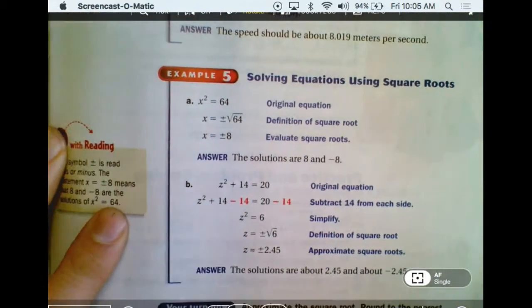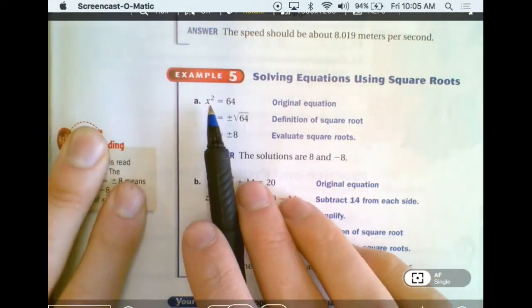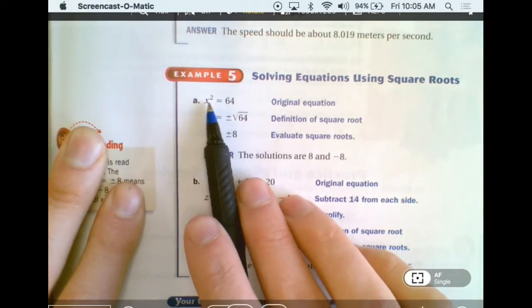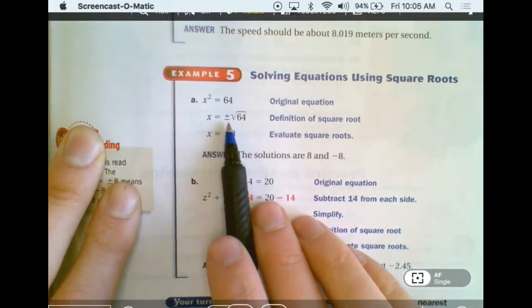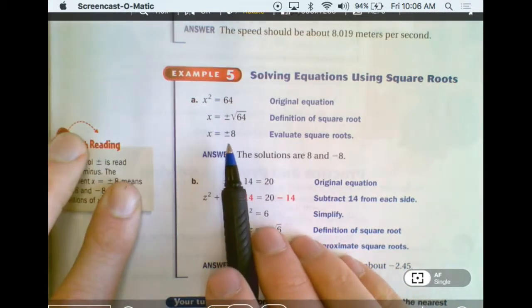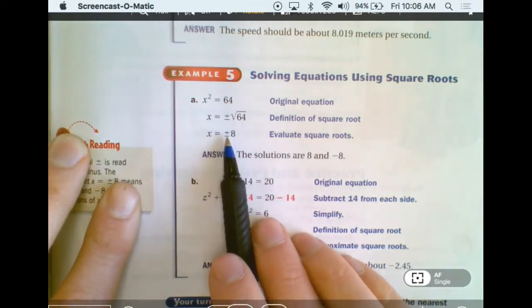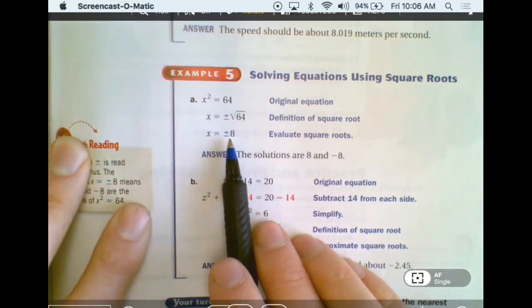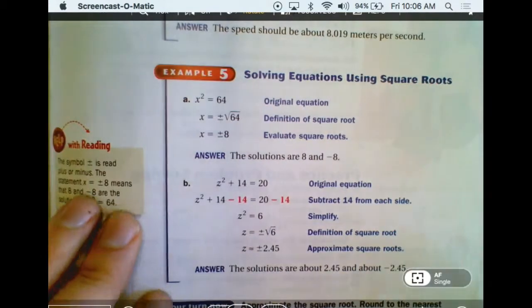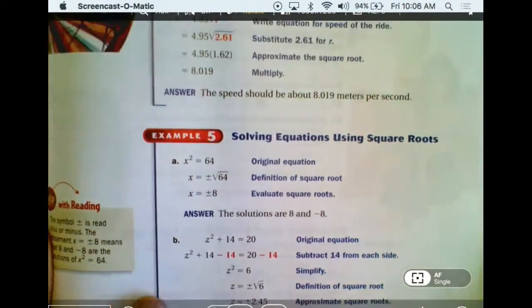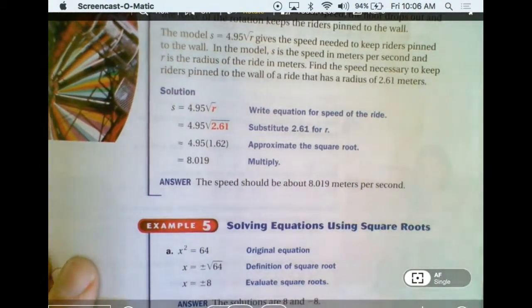As you begin your assignment today, and you do some of these easy problems like, what times itself gives you 64? Oh, I know that's 8. Here's how you can write positive and negative 8 all at once. You put plus or minus. That's how we say that. Plus or minus 8. Make sure to put that. Unless you're dealing with a word problem.